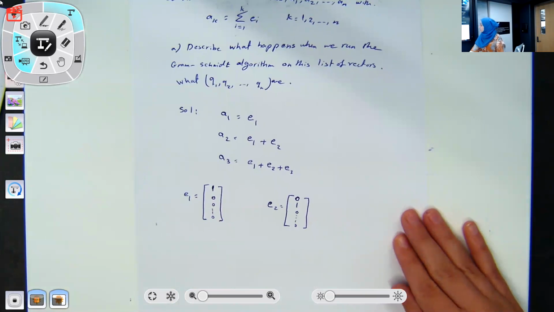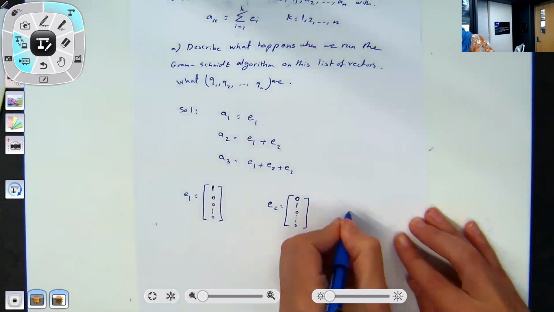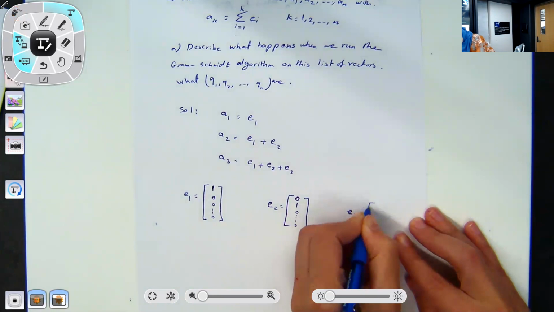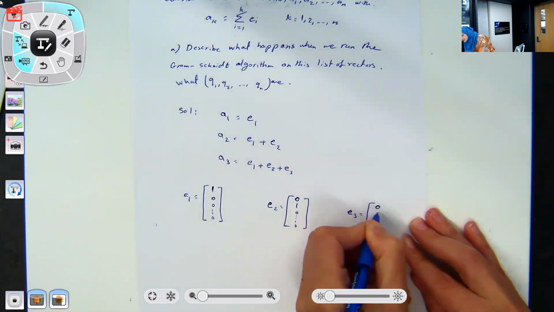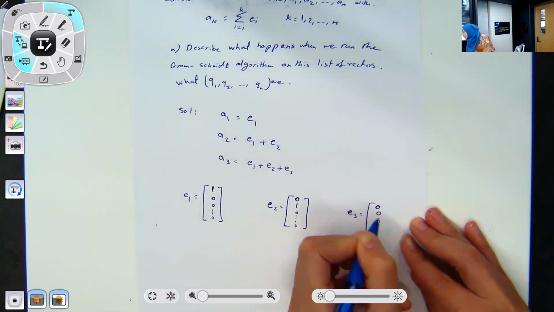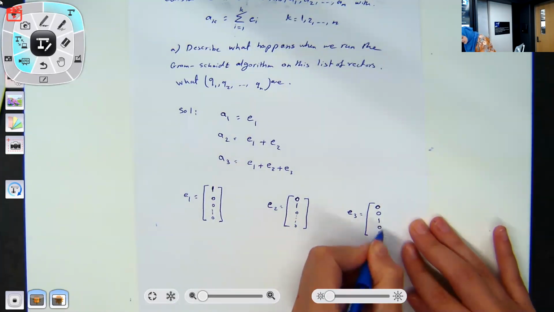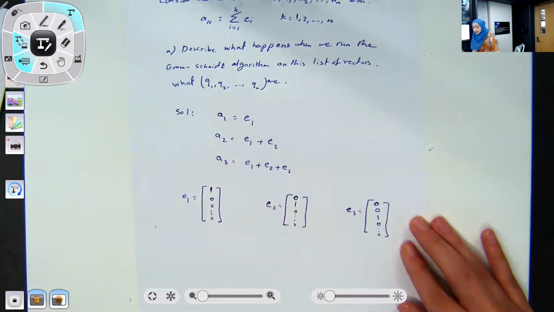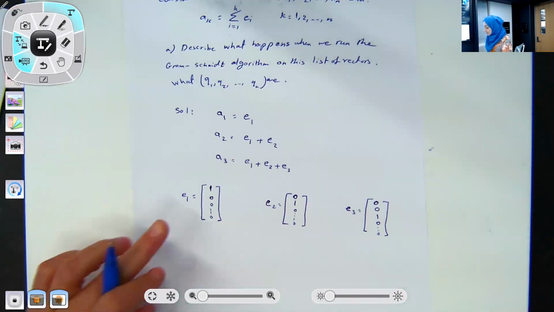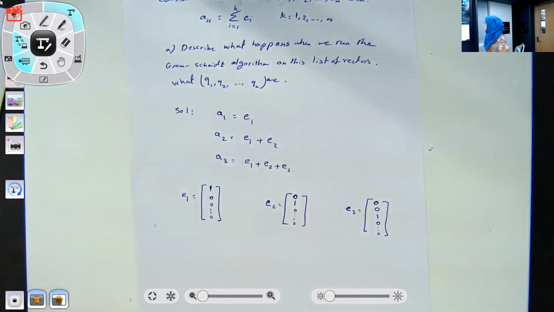For the third vector, E3, we have 0 in the first row, 0 in the second row, 1 in the third row, and the rest 0. You can see that E1, E2, E3 are unit vectors, which means the length of each one, or the norm, equals 1.